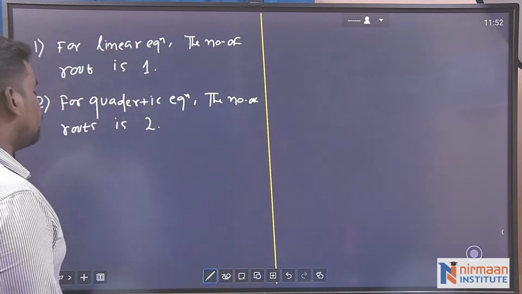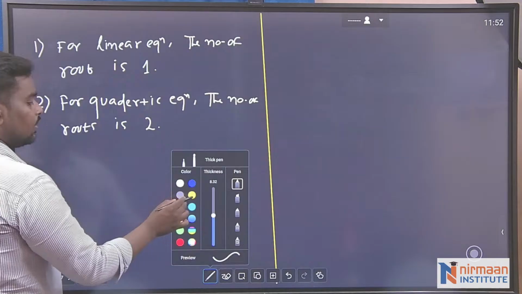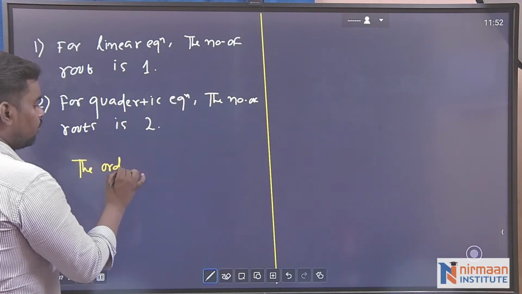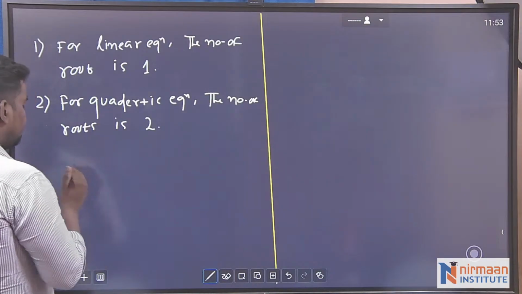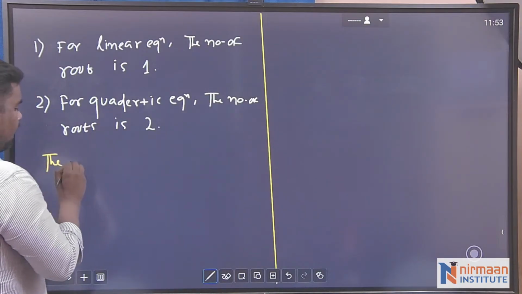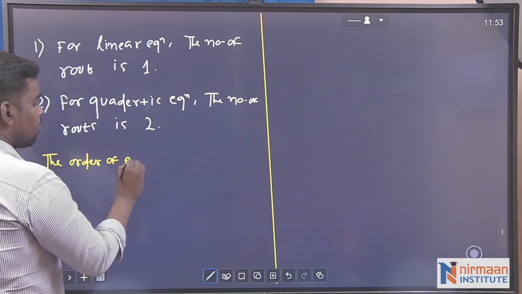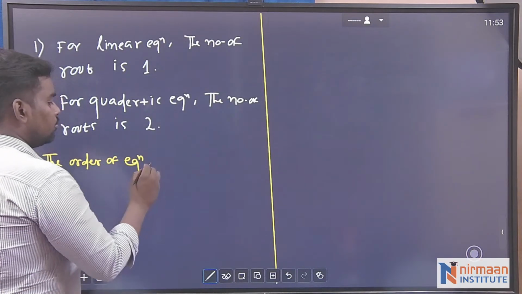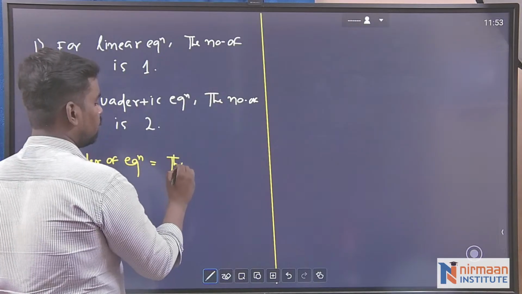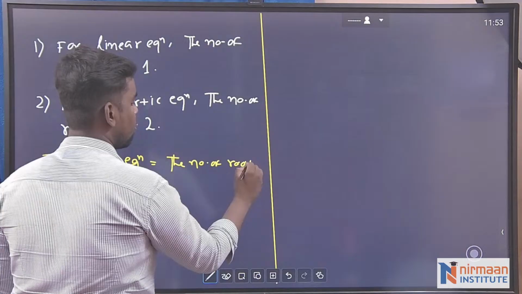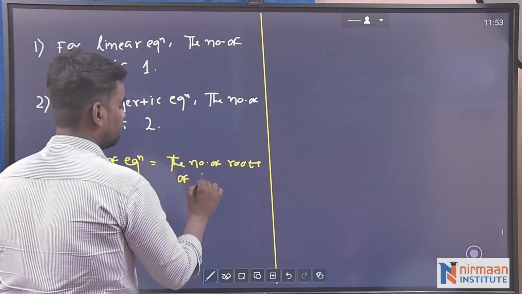So from this statement we must say that the order of the equation is equal to the number of roots of the equation.